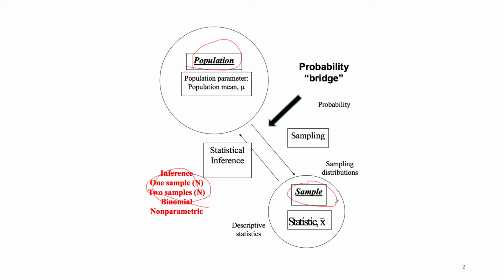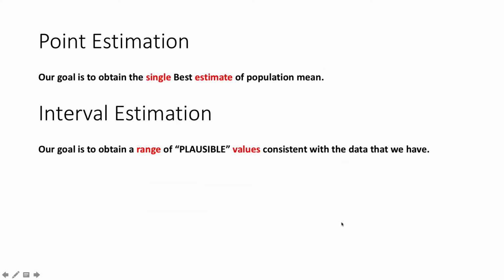And for sample, we're using statistics like the mean, x bar, and the sample variance, s square. Should be small s.